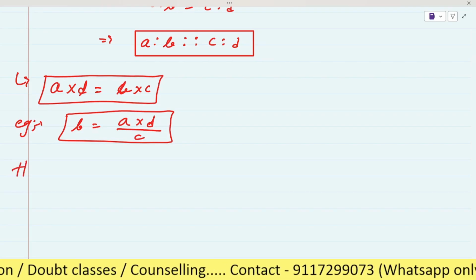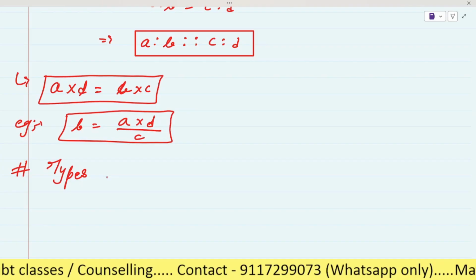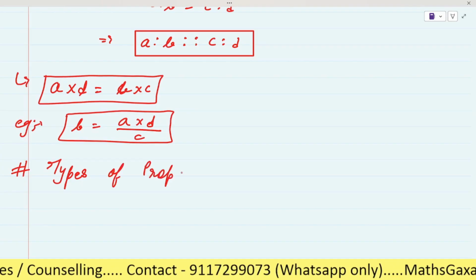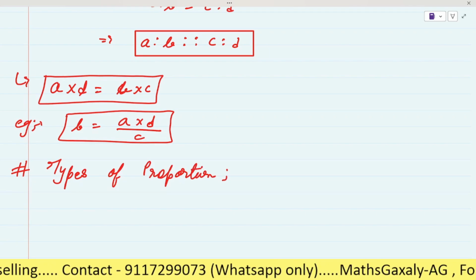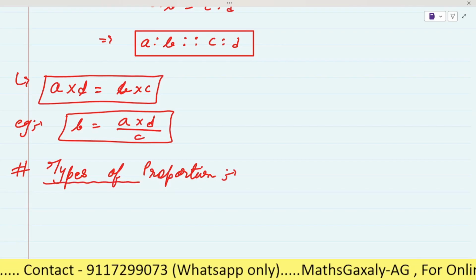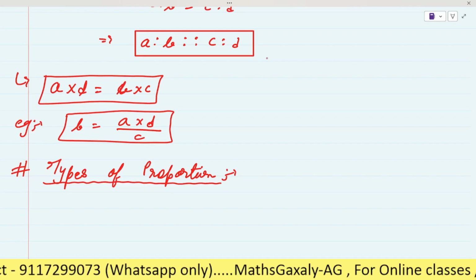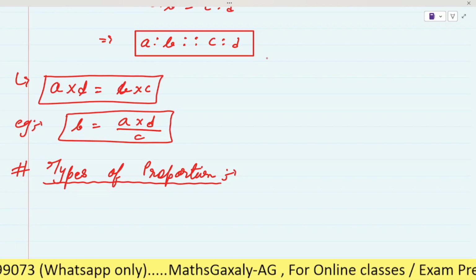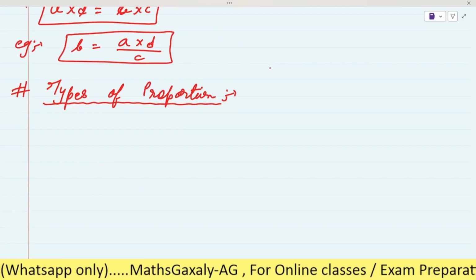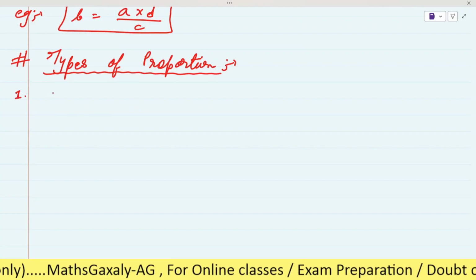Now let's see here types of proportion. See here. The first one is continued proportion.